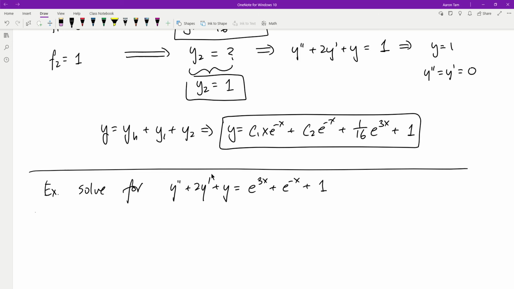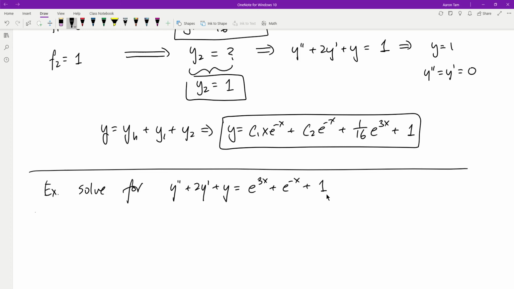Well, the same way. If you think about it, you can count how many things you need to complete this solution. First of all, we need 2 things for the homogeneous solution because it's second order. And then because we have 3 separate functions in the non-homogeneous part, I also need 3 things in the solution set. So therefore, we should have 5 things total.